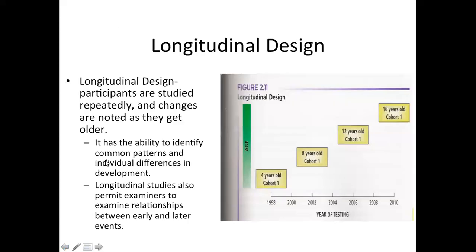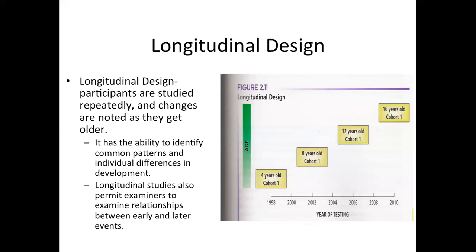So a longitudinal design, by definition, you are studying one group through time. So you're going to be collecting data on one group at many points in time. So you're going to hear my wording, and if you're taking notes, I ask you to underline one group and many times, because that's really what a longitudinal design is.